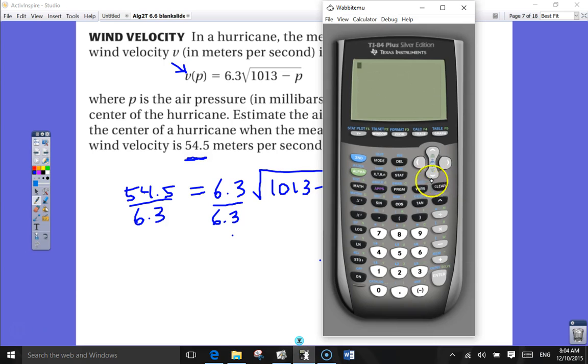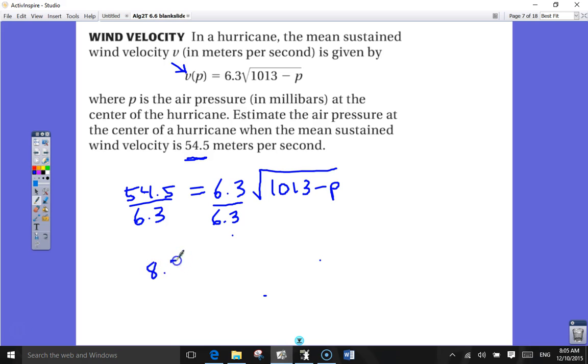Clear. 54.5 divided by 6.3. 8.65, I'll call it 8.7. Since they were tenths, I'll do tenths. 8.7 equals the square root of 1013 minus P. Okay, we've isolated the radical, then what?